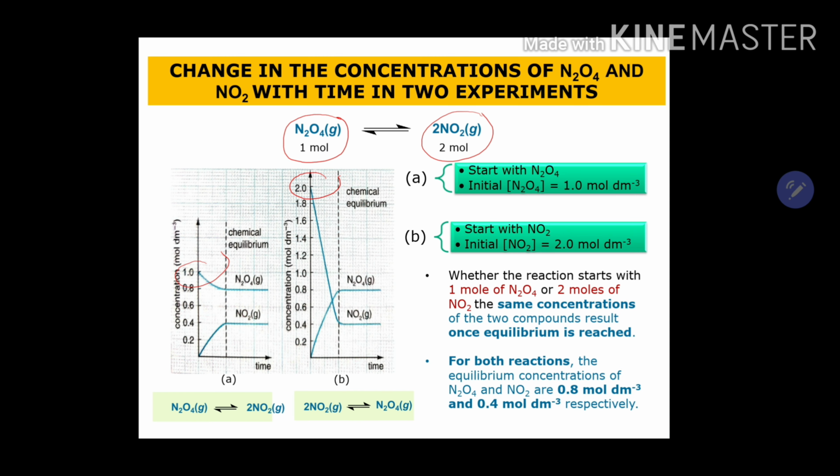Whether the reaction starts with 1 mole of N2O4 or 2 moles of NO2, the same concentration of the two compounds results once equilibrium is reached. So for both reactions, the equilibrium concentration of N2O4 is 0.8 mole per dm³ here, while the concentration of NO2 is 0.4 mole per dm³.